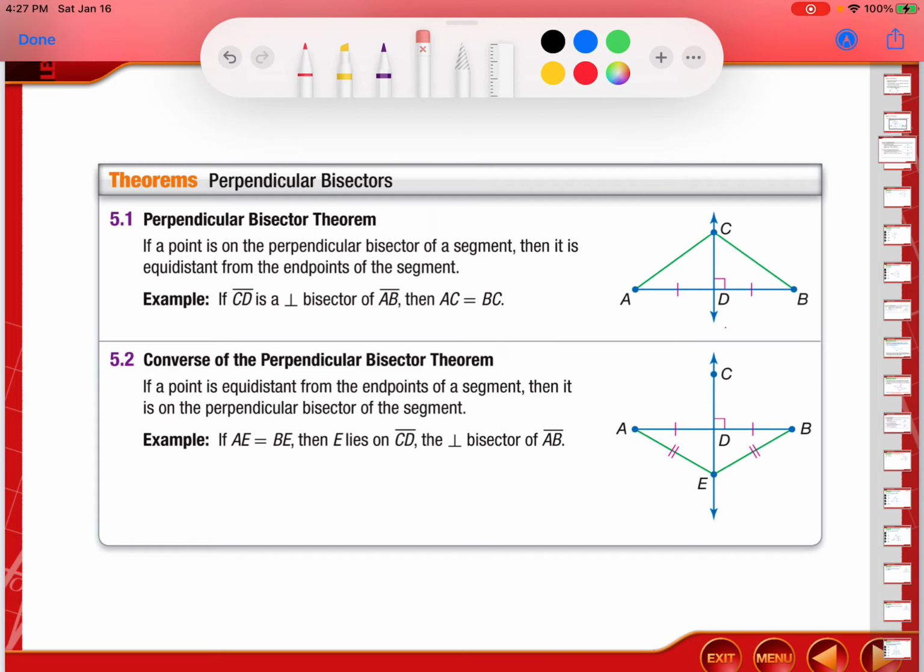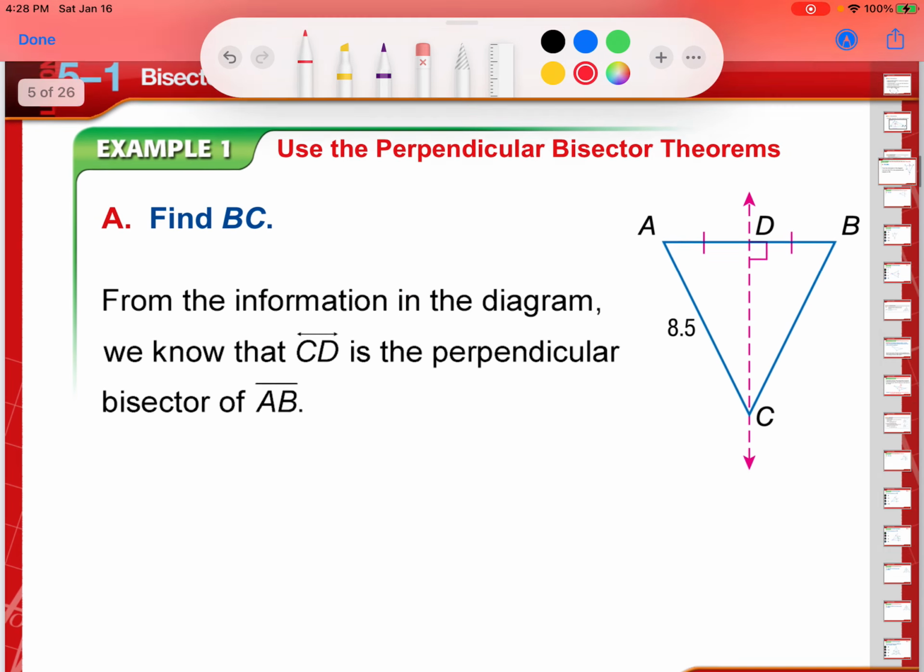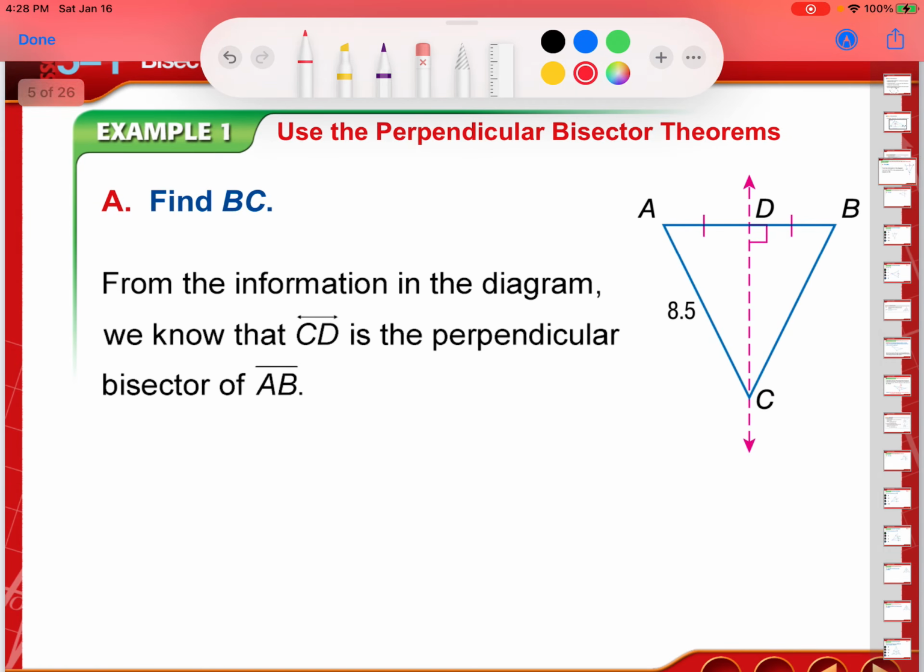So if we have a point like E, and it's the same distance from A and B, then it is on a perpendicular bisector, which once again does make sense by the same reasoning. So it's just the backwards of the perpendicular bisector theorem. Moving on.